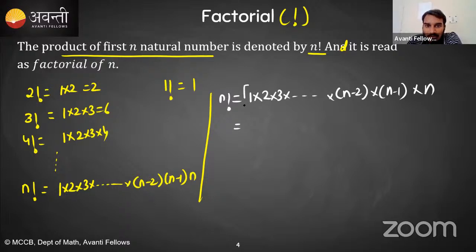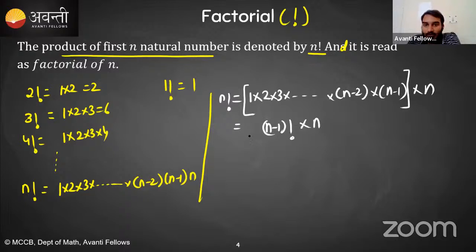Now tell me, what is this part? It is the product of the first n minus 1 natural numbers, 1, 2, 3 up to n minus 1. So this can be written as n minus 1 factorial into n.